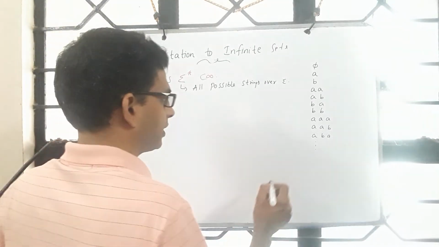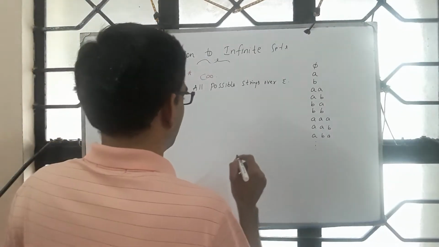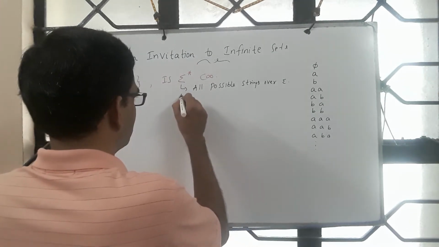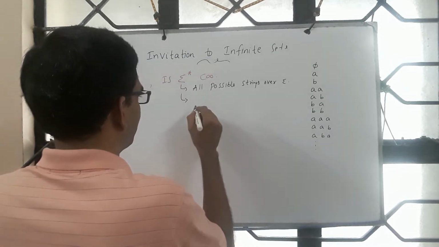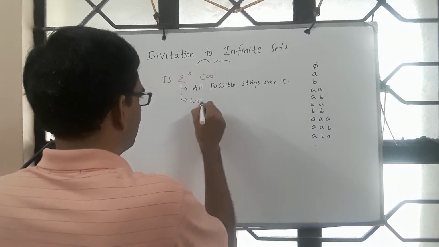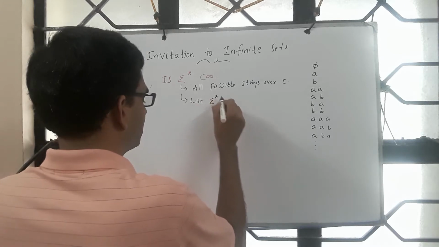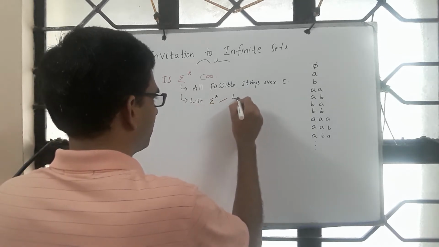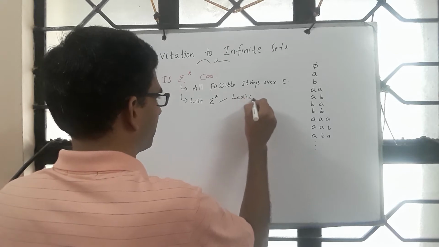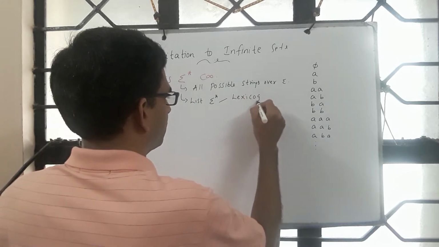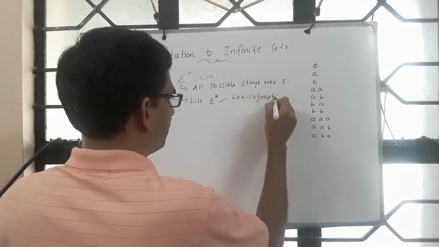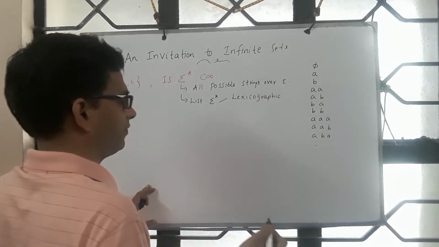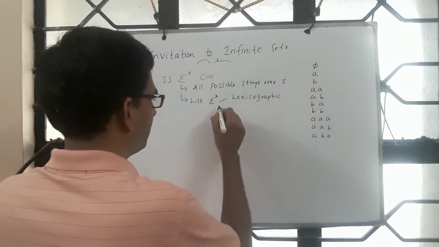So please note, one can list sigma star in two different ways. One is lexicographic, or the way you see in dictionary ordering.